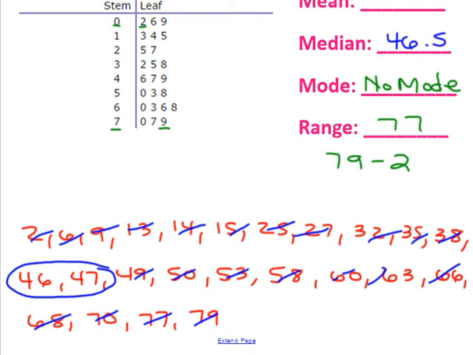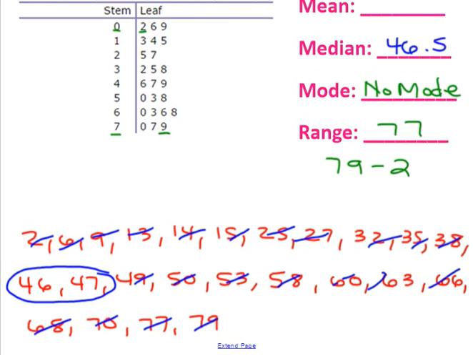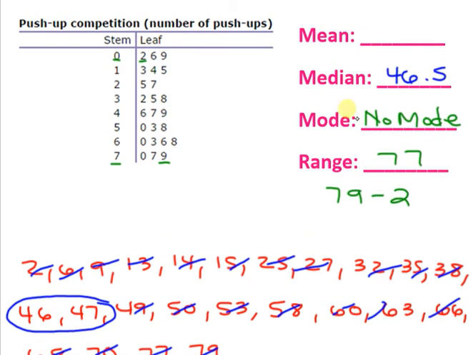When I added them all up, I got 1,002. And then you can count your leaves for your total number of terms. I got 24. And that gave me 41.75.